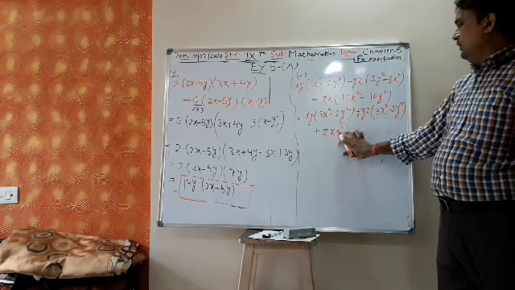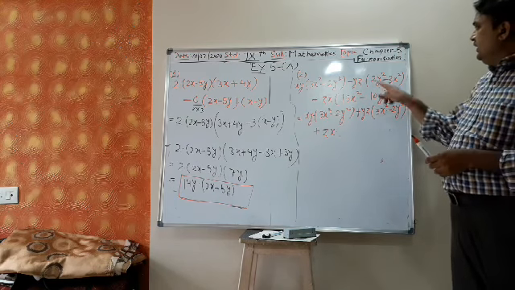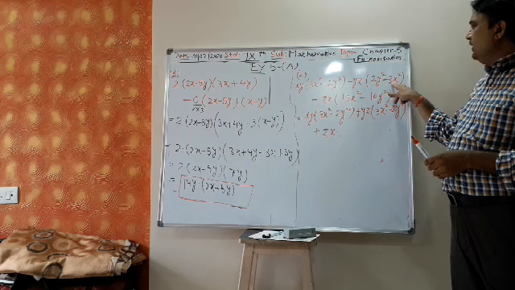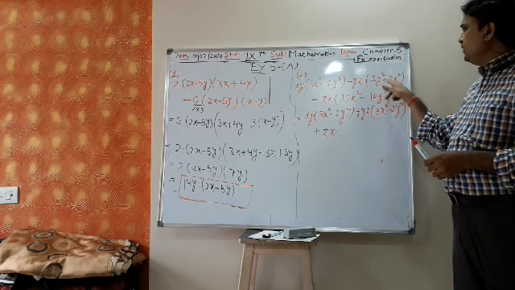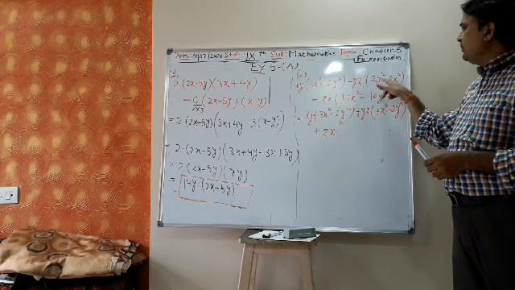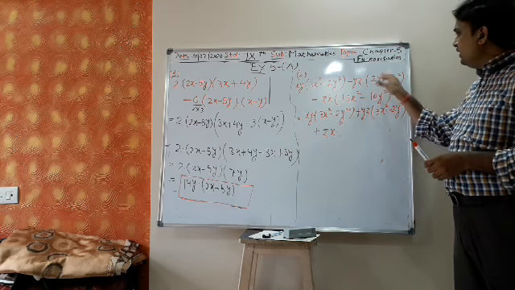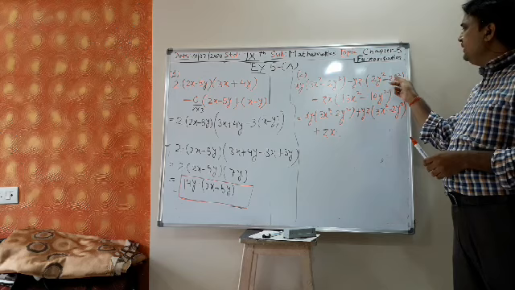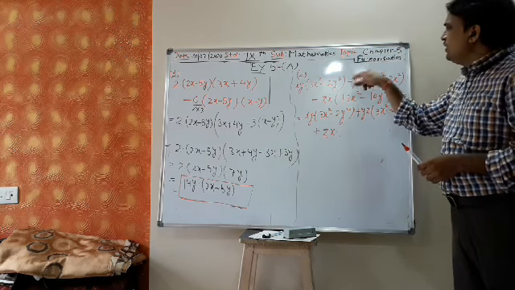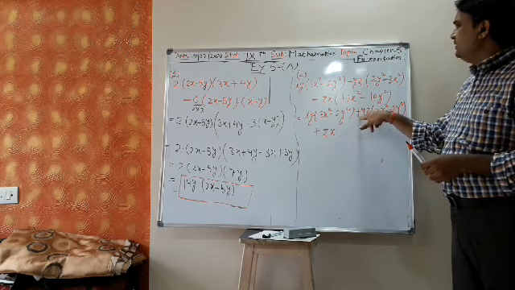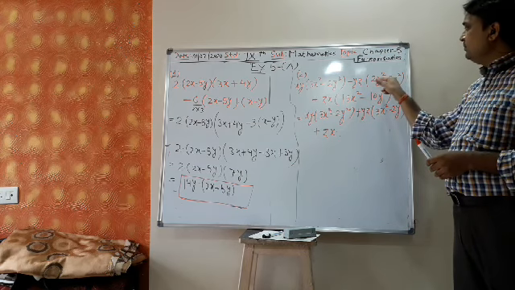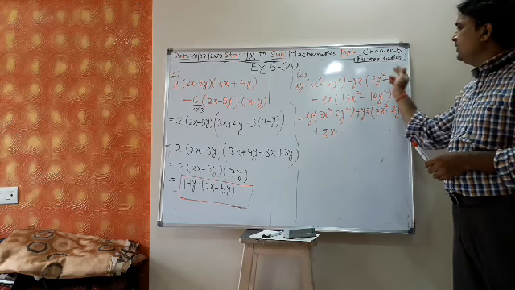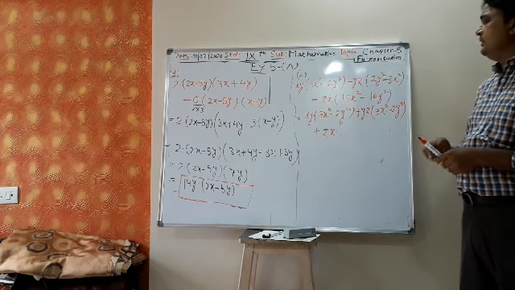Then, wait. See this 2y square minus 3x square. I am rewriting this. Instead of 2y square minus 3x square, I am writing 3x square minus 2y square. So when you rewrite the term a minus b as b minus a, one minus goes outside and minus minus becomes plus.